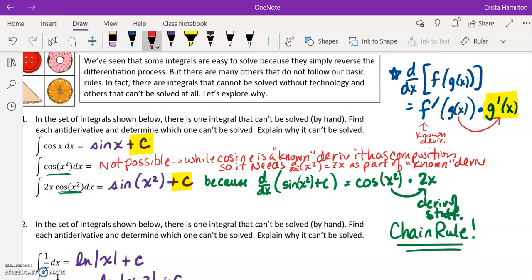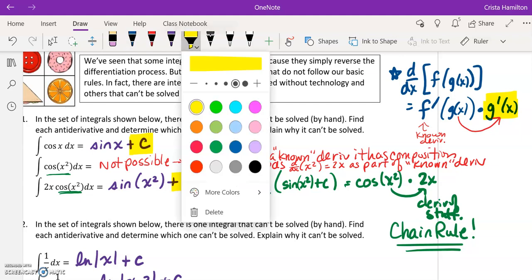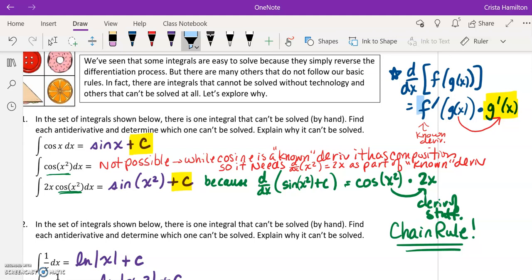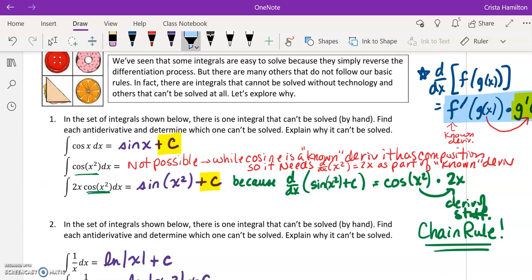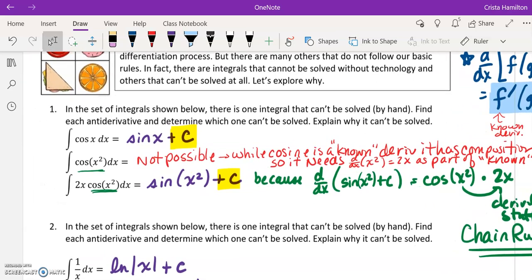So we're looking for things in the integrand that are of the form f prime of stuff times the derivative of the stuff. This is our key idea, the form of the integrand.